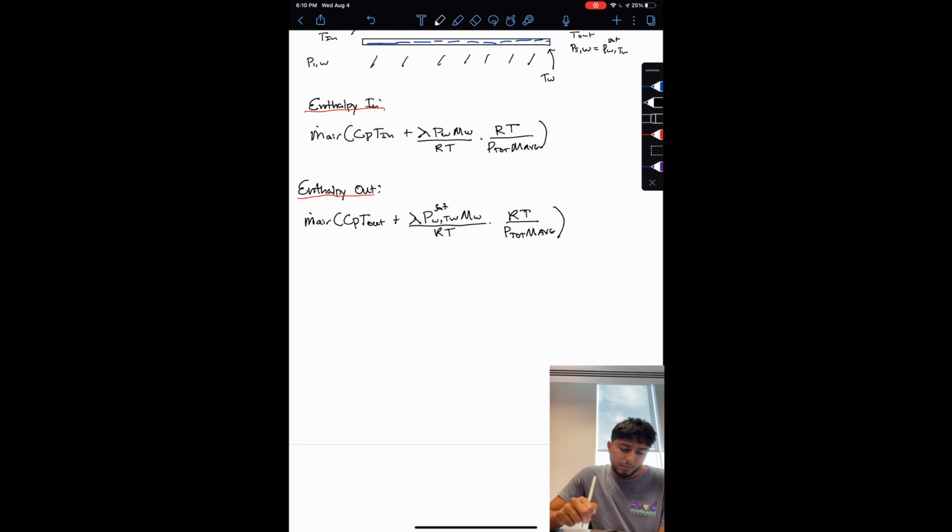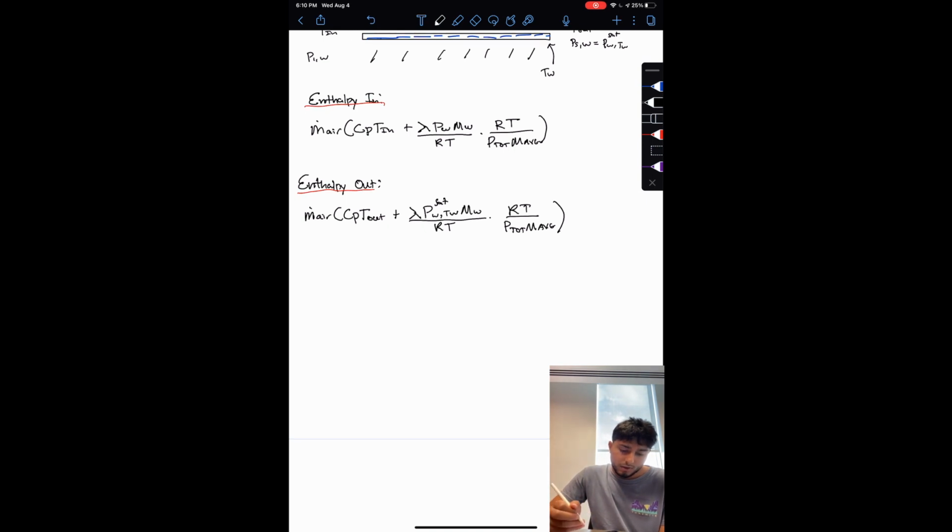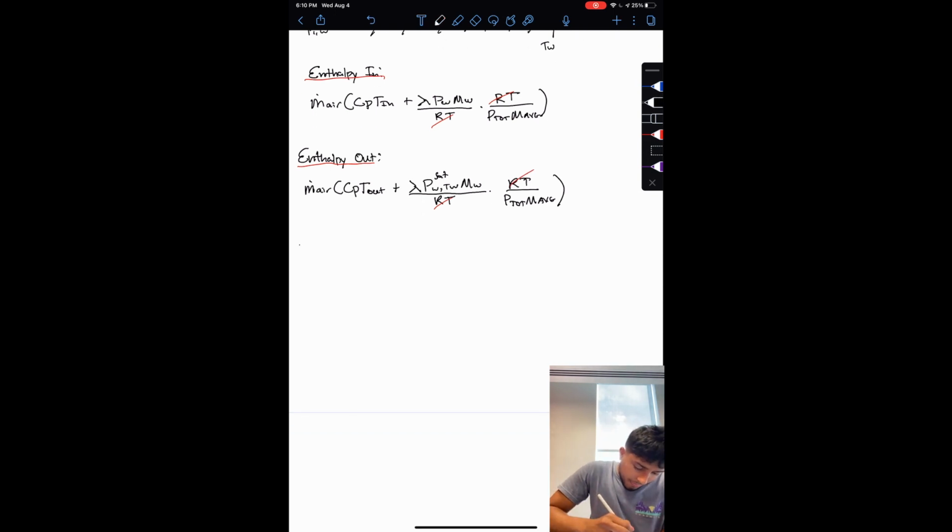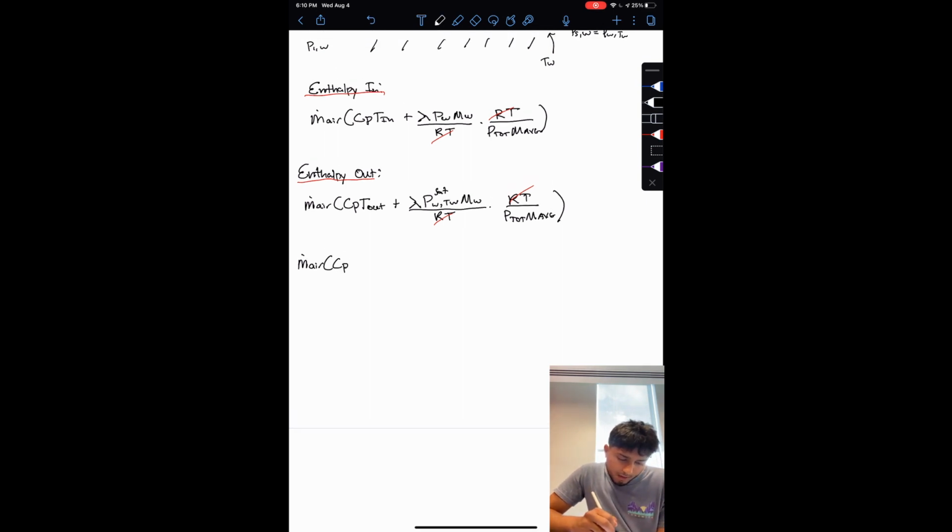So now that we have our enthalpy in and enthalpy out, we want to set them equal to each other. Before we even set them equal, we can see that the gas constant and the temperature all cancel out. So M air multiplied by the heat capacity, T in, temperature in of the inlet, plus the heat of vaporization times the partial pressure of the water over the molecular weight over the P total and the molecular weight average.